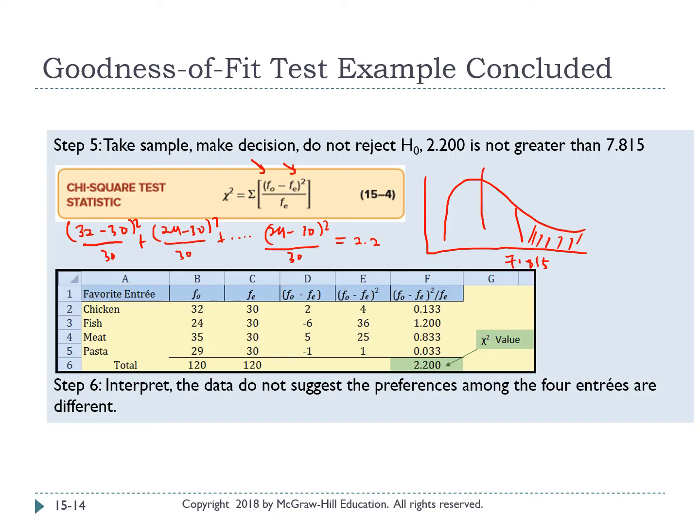Chi-square is perhaps somewhere here, which is 2.2. Our decision is do not reject the H0 because the chi-square is outside the rejection region. Step number 6, we have to interpret our result, and we can say the data do not suggest the preferences among the 4 entries are different.